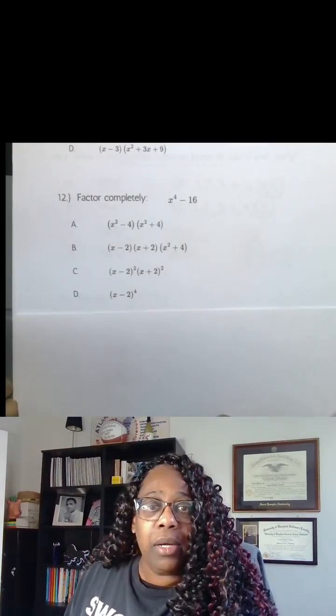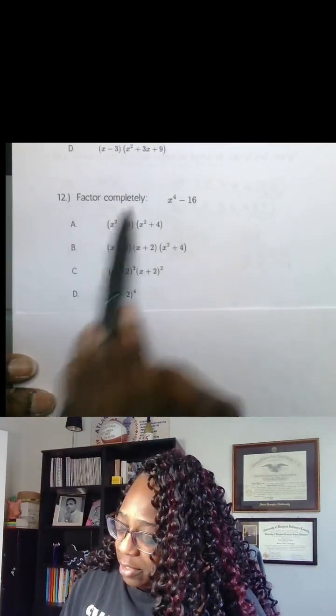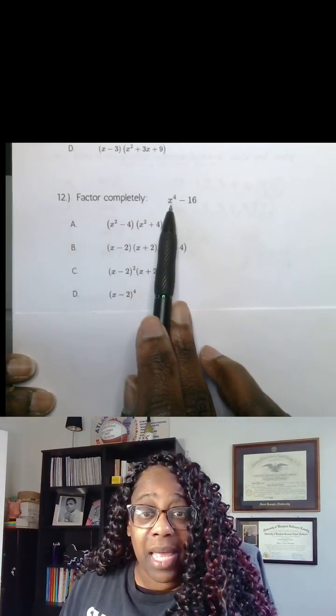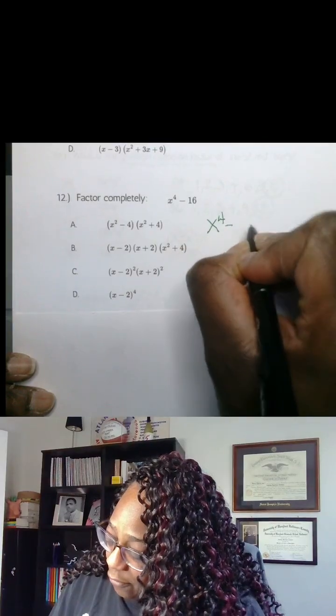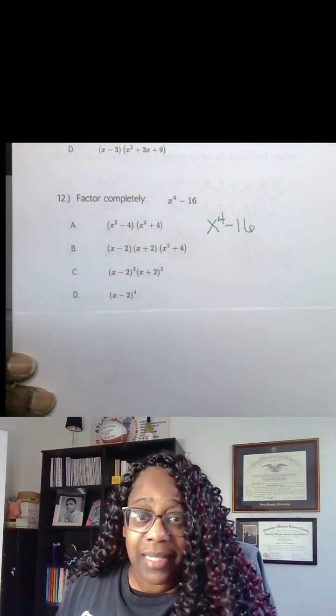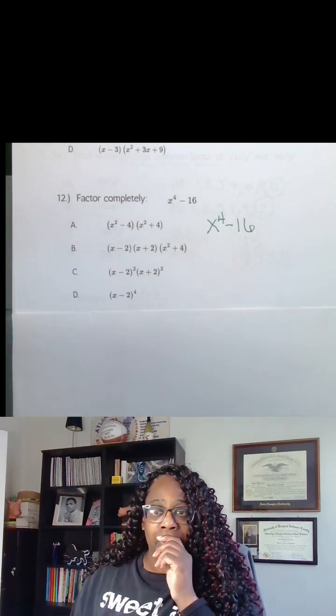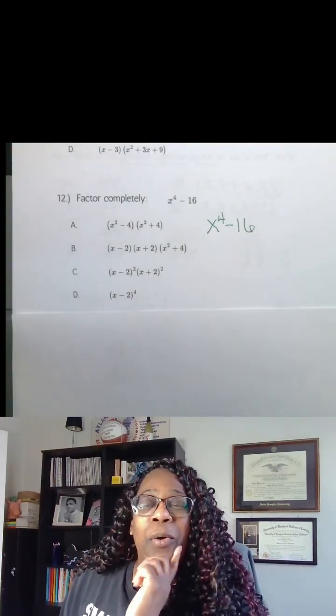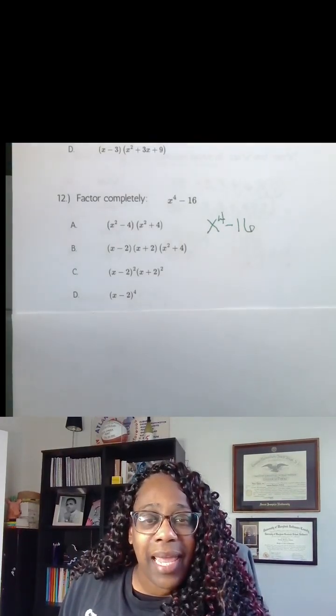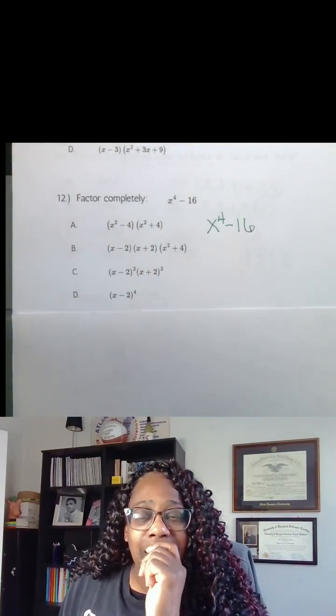So here we are. We have factor completely. This time we have x to the 4th. Let me rewrite it for you. x to the 4th minus 16. What do you think? Is your answer A, B, C, or D?